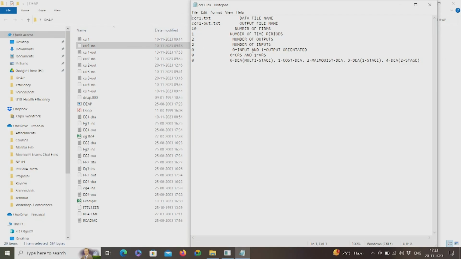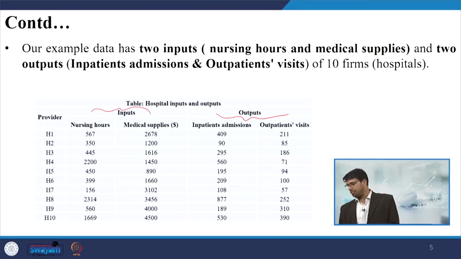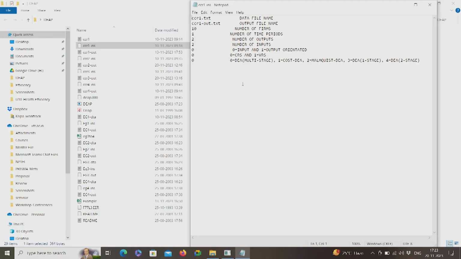So far as input and output oriented models are concerned, had it been output oriented we would have mentioned 1, but since it is input oriented, the code is 0. So, we have mentioned 0. For CRS it is also 0, and since it is a basic DEA model, we use multi-stage DEA, because we are capturing the slacks, which I have just mentioned.